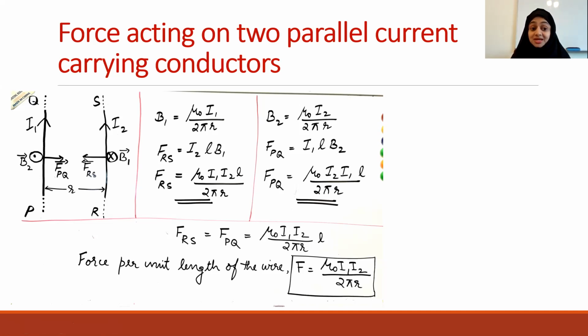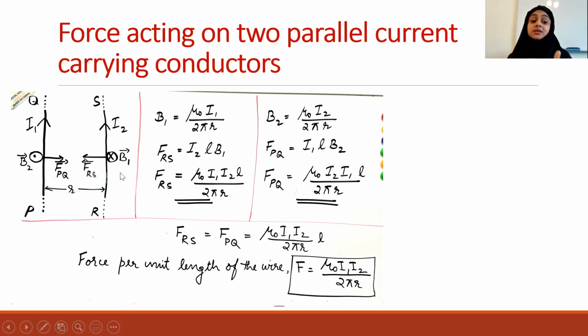So we just learned that if we place a current carrying wire in a magnetic field, it will experience a force. So FRS represents the force experienced by this wire RS, which is kept in the magnetic field B1. Now, let us find the direction of the force experienced by the wire RS because it is kept in a magnetic field B1.